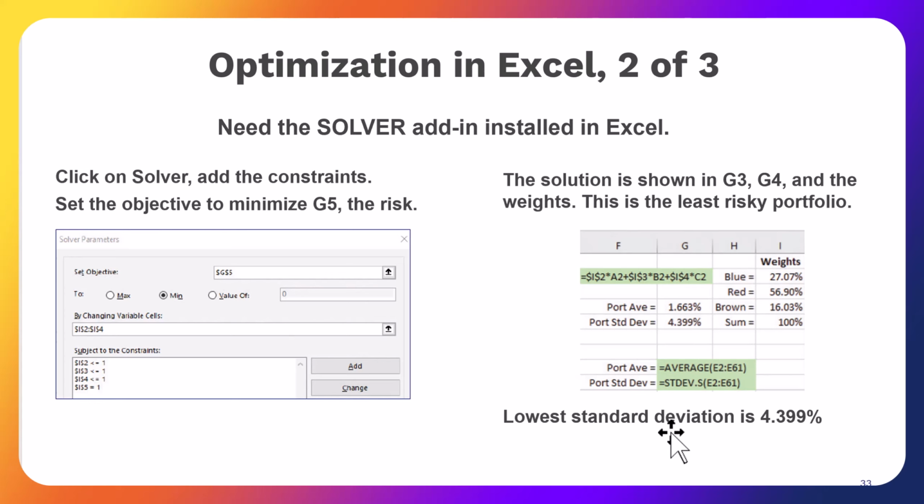And the next thing you will do is change this to maximize, change this cell to the return, and then add the value you want. So in this case, I might put in find the maximum return, and under this add function, I would put in the cell for the standard deviation equals to 0.04399. Then that would give you the portfolio that would create the highest rate of return at that particular level of risk.